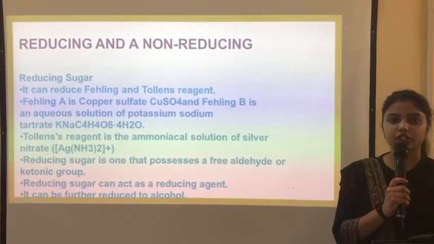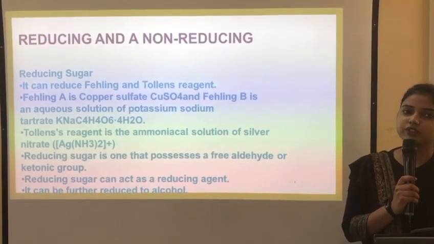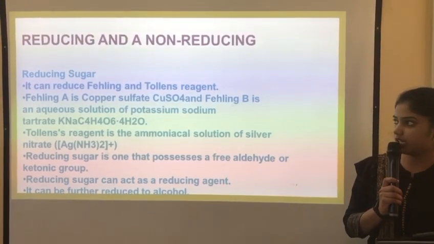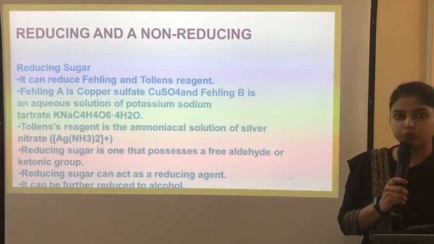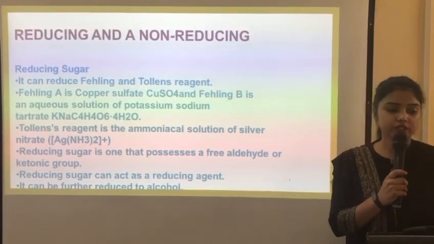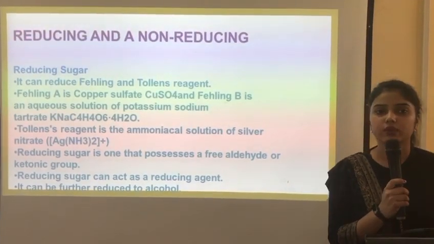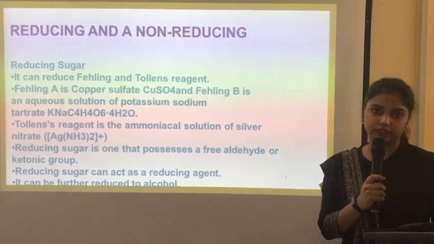Next topic is reducing and non-reducing sugar. Firstly, I am discussing reducing sugar. Reducing sugar can reduce Fehling's and Tollens' reagent.